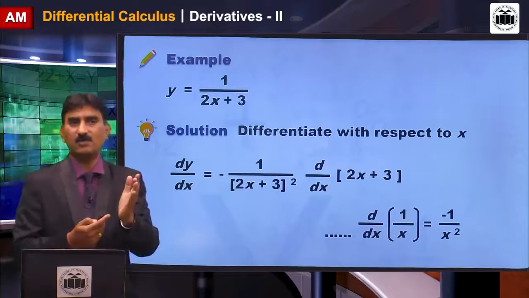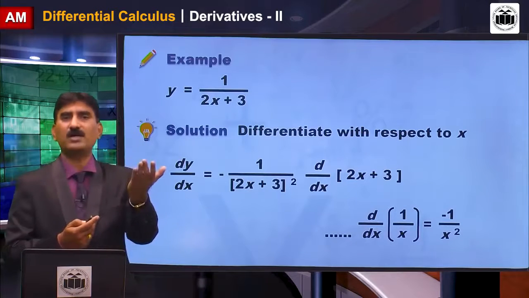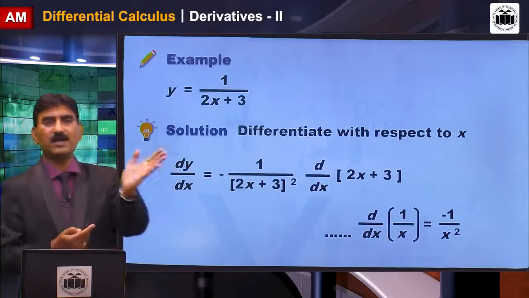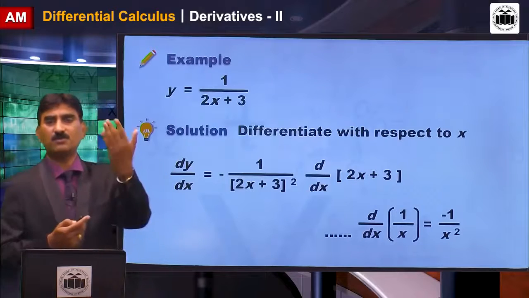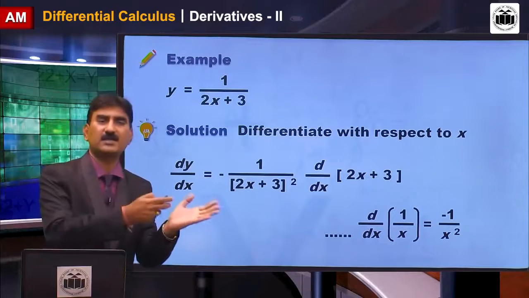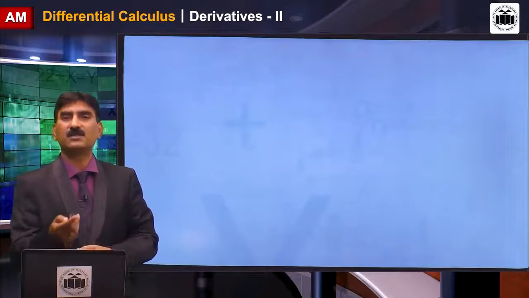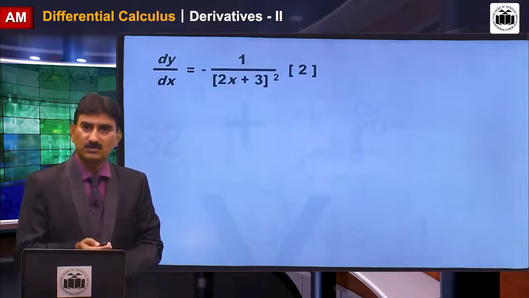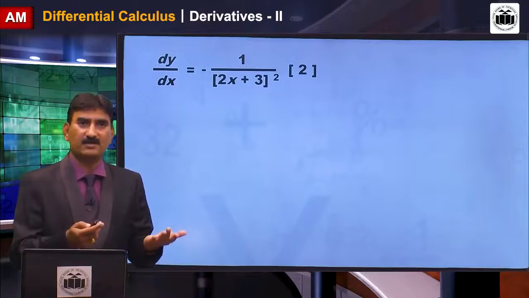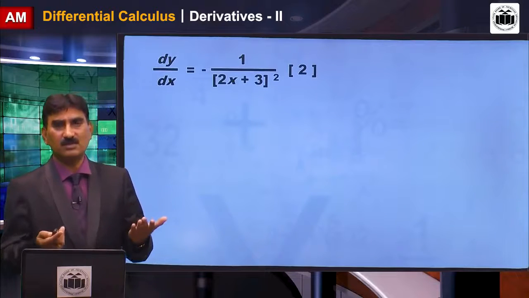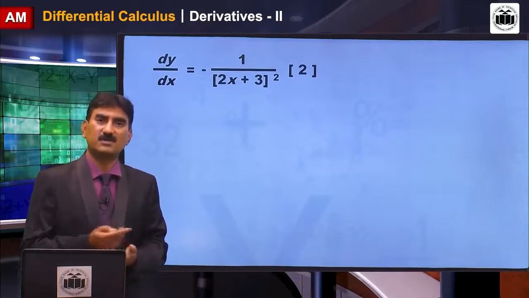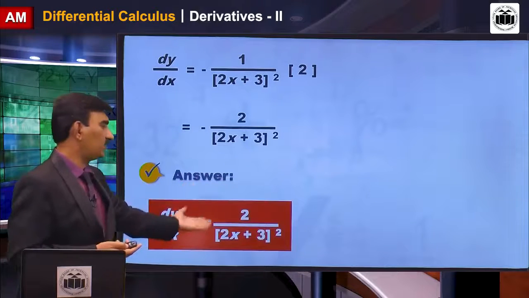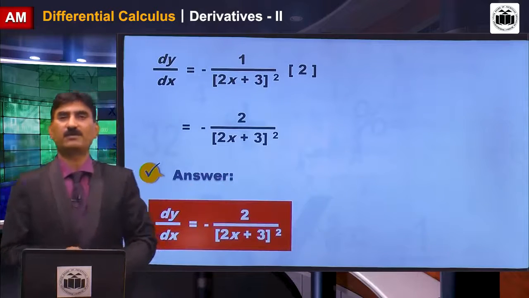So according to the rule, the derivative of 1 upon (2x plus 3) is minus 1 upon (2x plus 3) whole square, into again the derivative of 2x plus 3. So what is the derivative of 2x plus 3? It is 2, and 3 is without x, so it is a constant and the derivative of a constant is 0. So finally we get the answer minus 2 upon (2x plus 3) whole square.